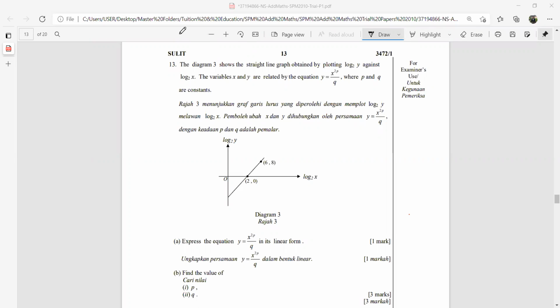Who else wants to give the answer? So this is something that you all have to practice to see how well you understand. Those who have tried but haven't got the answer yet.